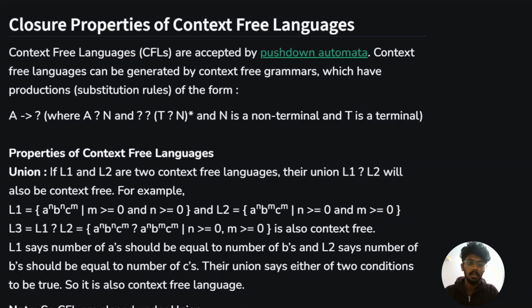Properties of context-free languages. Union. If language L1 and language L2 are context-free languages, their union L1 ∪ L2 will also be context-free.